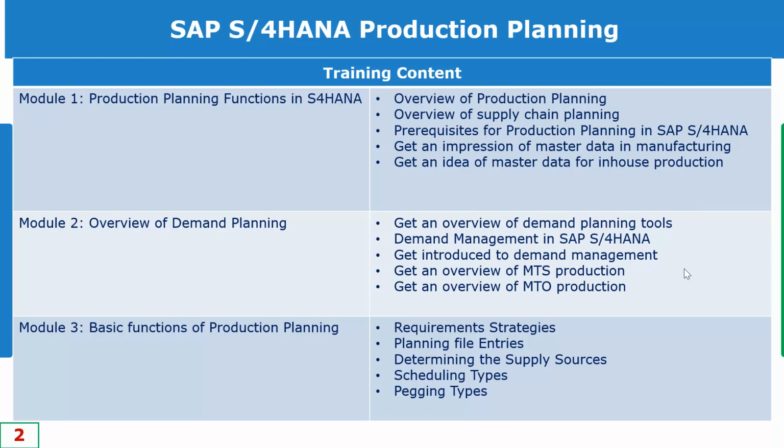In addition, we will explain the different scenarios, for example make to stock, make to order, and the different planning strategies used to create the demand program. Okay, we will explain that.